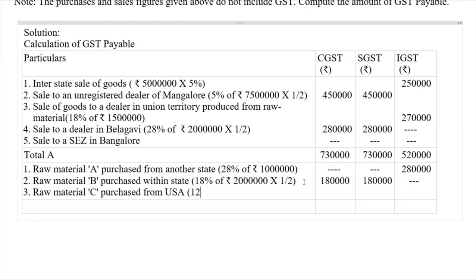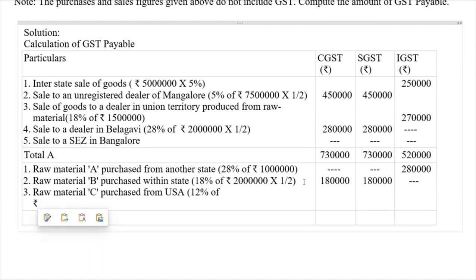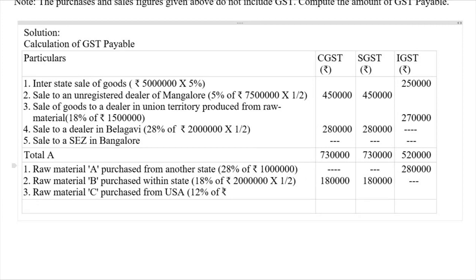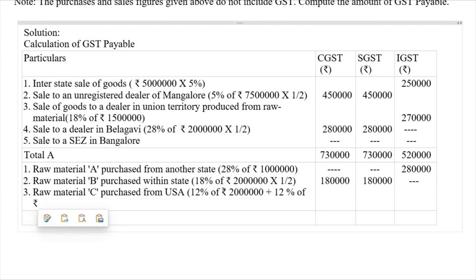So 12% of rupees 20 lakhs plus, he should also pay 12% of that VCD which included there, of rupees 2 lakhs.